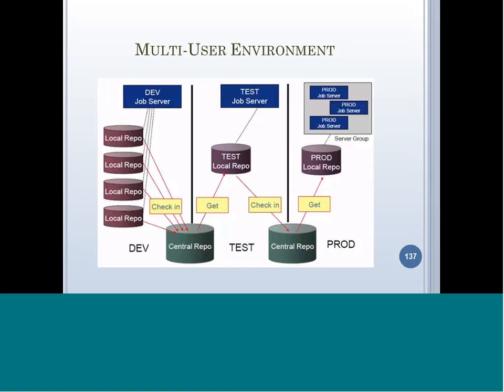So two things you have to understand. Check-in the code in the central repository, and whenever you get the data from the central repository, that is called a get. Whenever the local repositories' respective work is uploaded into the central repository, the test local repository will be there in order to test the code in the testing environment.